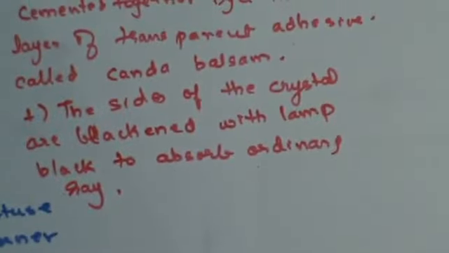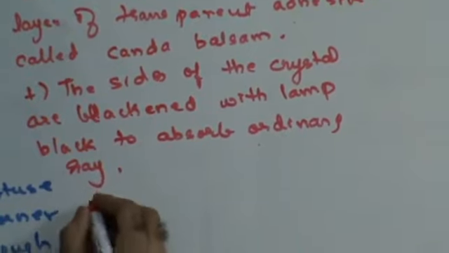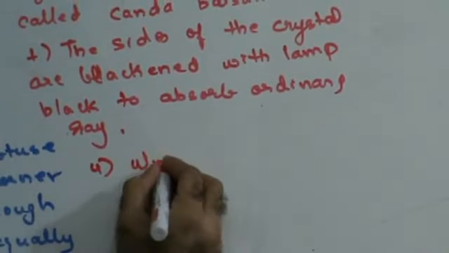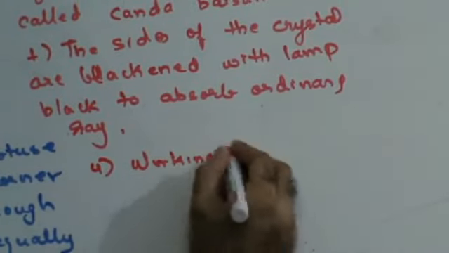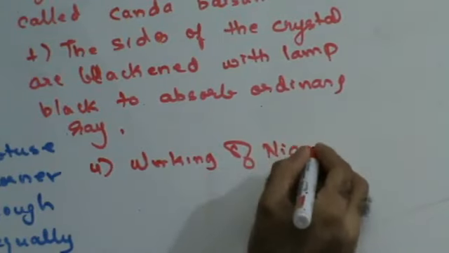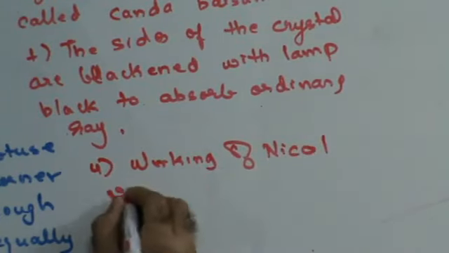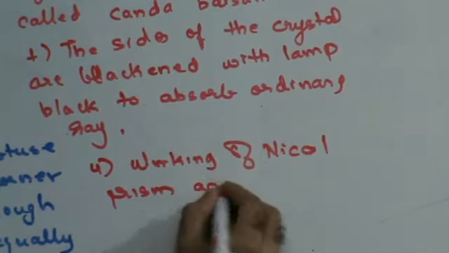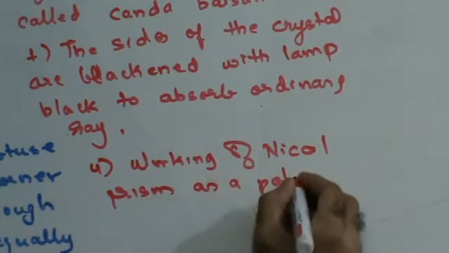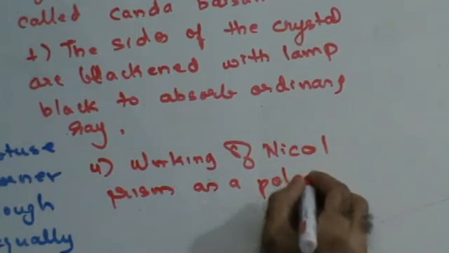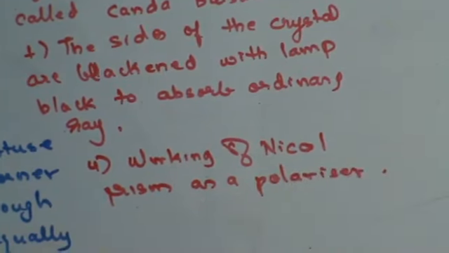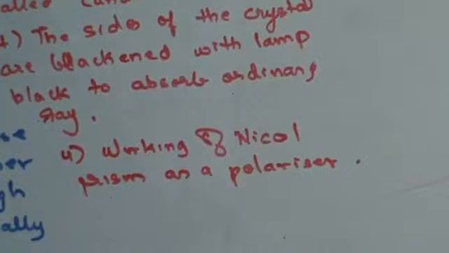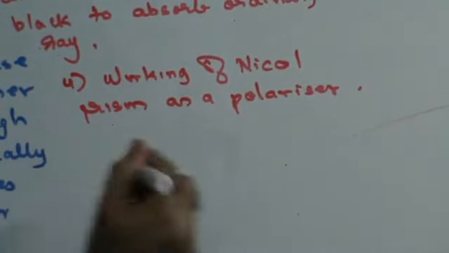Why do I do all this? How does the Nicol prism work? Working of the Nicol prism. Let's see how it works as a polarizer. Now, let's draw the Nicol prism.